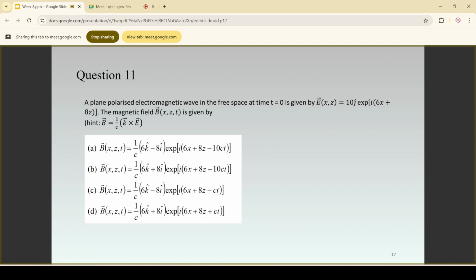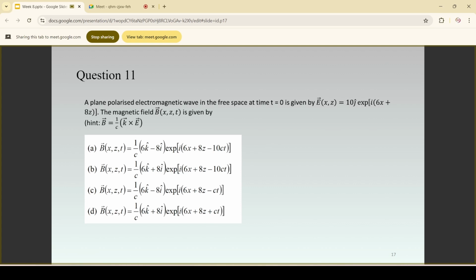If you include t not equal to 0, you can write B(x, y, z, t) as 1 by c, 60 k minus 80 i, exponential of 6x plus 8y multiplied with this. This is the thing. Okay, and the time part.